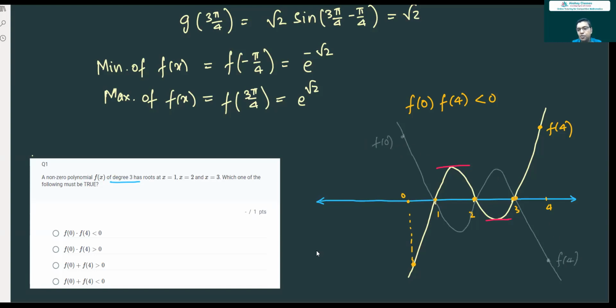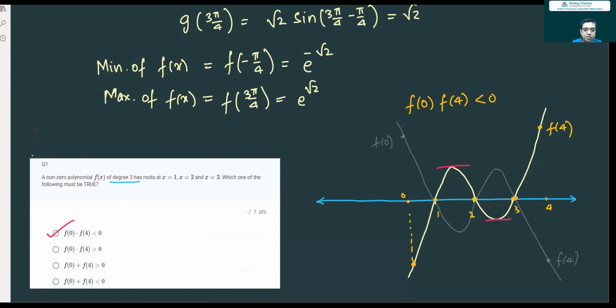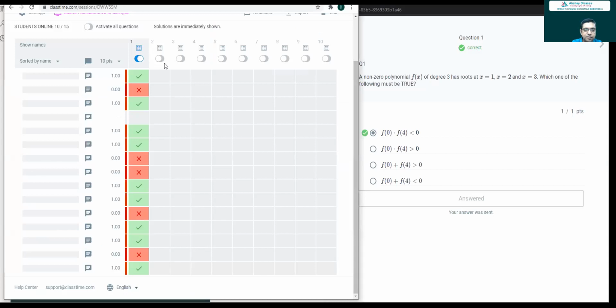Again, they will be of opposite signs, and therefore the product will be negative. So this is the correct answer. Okay. Now I hope you understood how we approach this problem. So next, we'll move on to the next question.